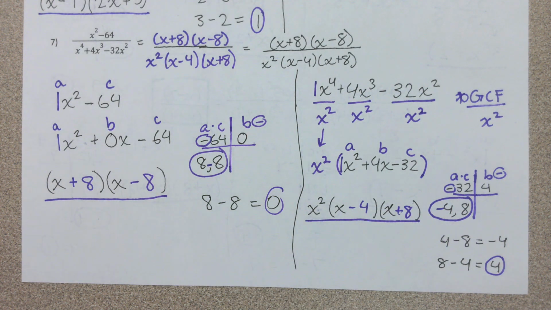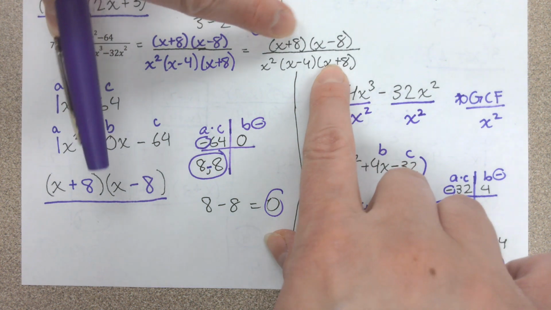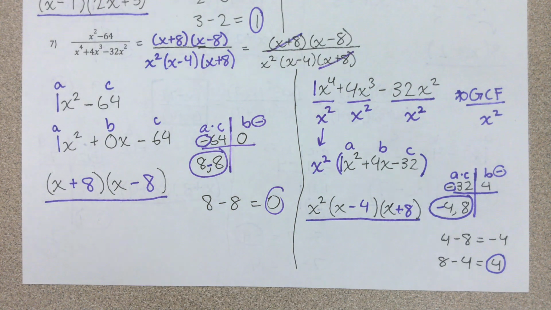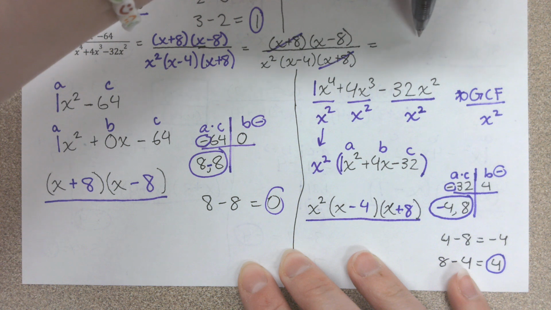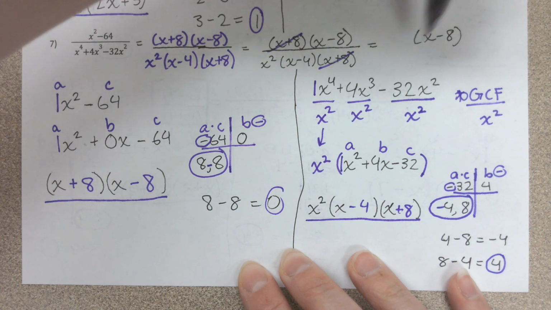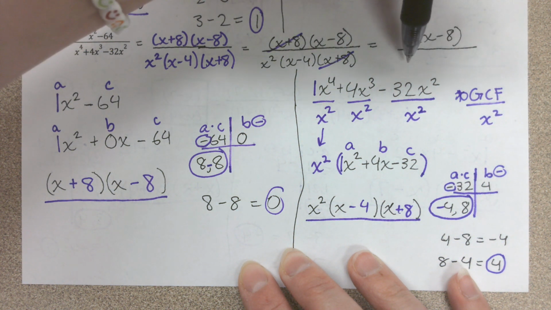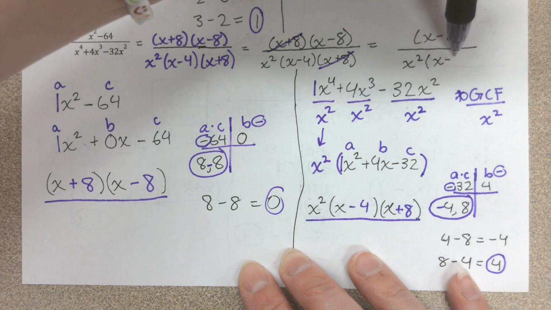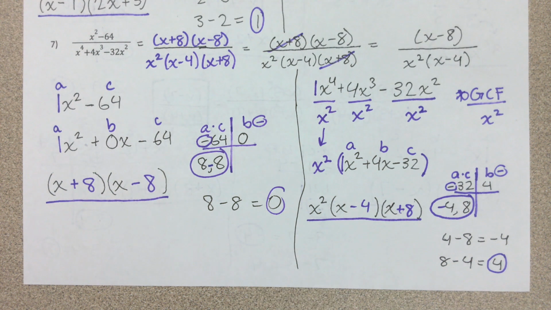You just have to have the same thing, top and bottom, and they will cancel. So I'm going to cross both of those out. I can't cancel anything else that's left. I don't have the same thing, top and bottom. So that's my answer. Let's make it nice. X minus 8 on top, x squared times x minus 4 on the bottom.